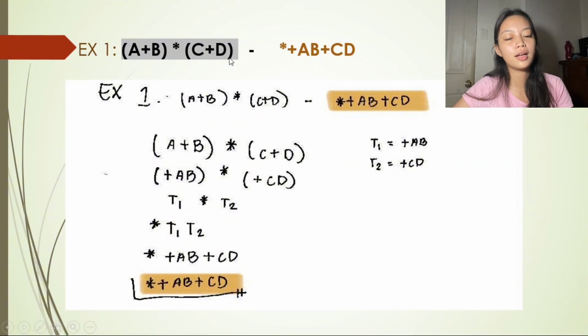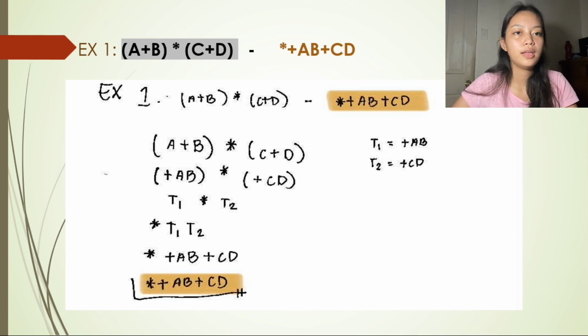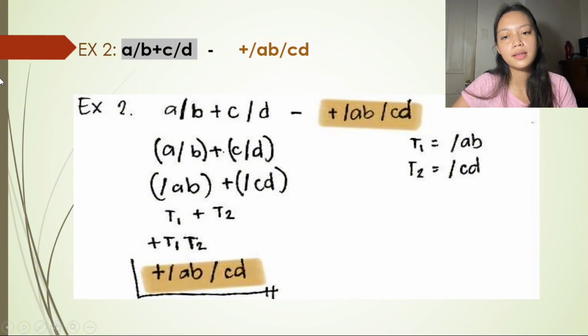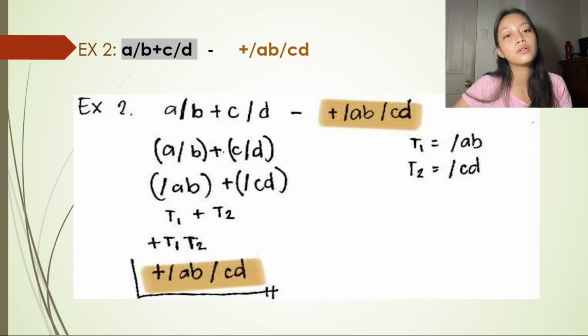So, ingana siya ka sayon i-process or i-convert. So next, another example is A divided by B plus C divided by D. So first, kaniya may parenthesis. May parenthesis ato siya i-group.